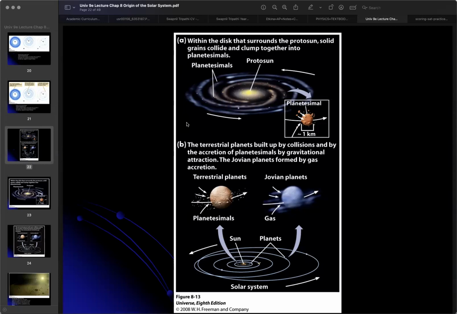However, the Jovian planets formed by gas accretion, by collecting the gas in the slightly colder environment further away from the sun.